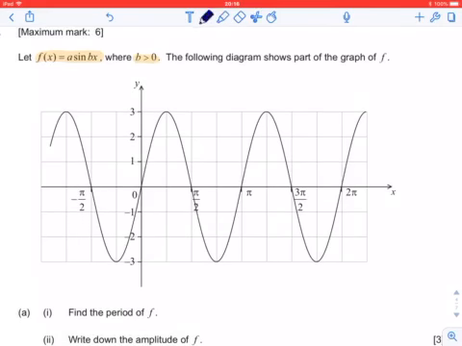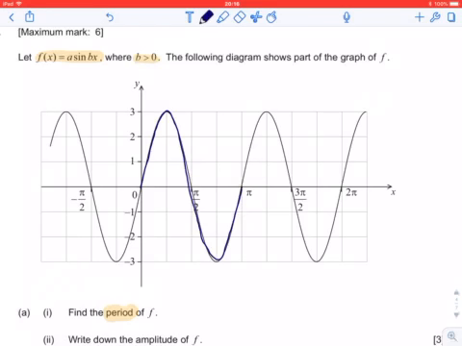Now, the period, you might remember, is the smallest length along the x-axis over which the trigonometric function repeats itself. So what I mean by that is we can trace this curve and figure out where it returns to where it started.